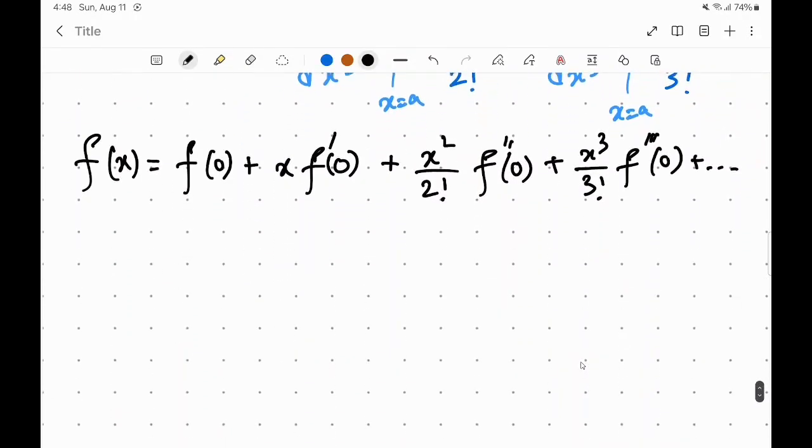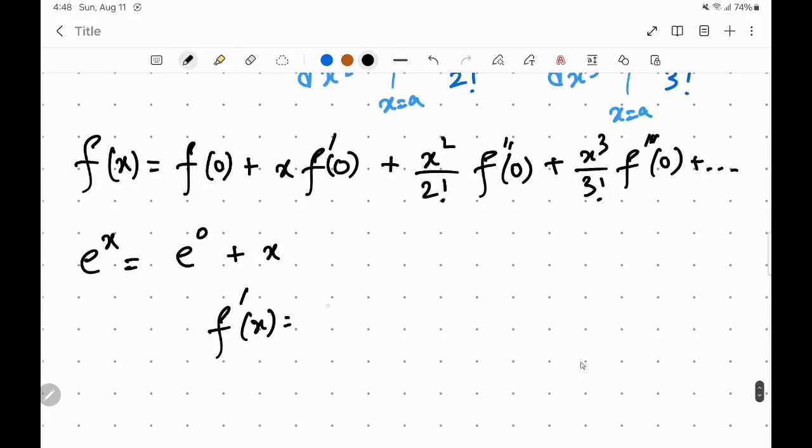Now let's say f(x) equal to e to the power x. Then e to the power x will be e to the power 0 plus x into f dash 0. f dash x means d e to the power x by dx, which will be e to the power x.